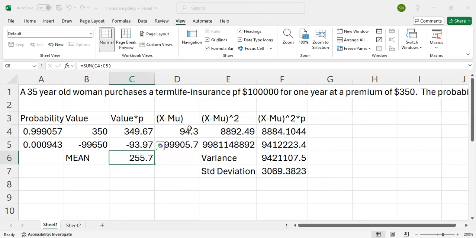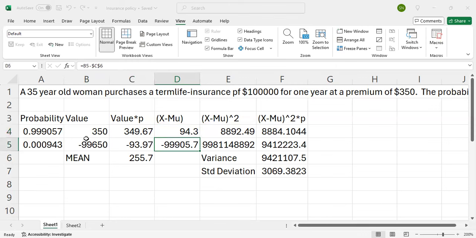Okay, so mean is also known as mu, hence x minus mu. Now, from each value, I'm subtracting the mean. 350 is B4 minus $C$5, which is the constant mean. So X value 350 minus the mean value 255.7 gives you 94.3.